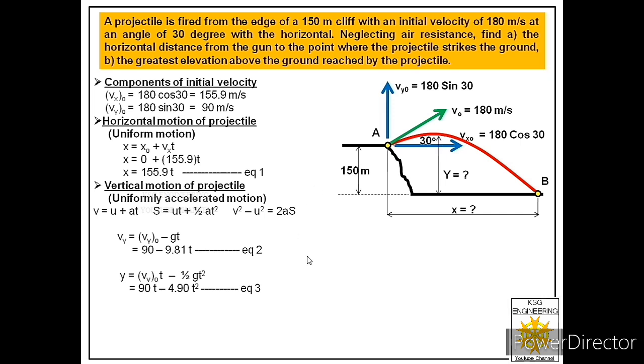So it means this equation will reduce to vy square minus vy naught square is equal to minus 2gy. Let us put the value of vy naught and g over here. So this equation will further reduce to vy square minus 8100 equal to minus 19.62y. So let us call this equation as equation number 4 for time being.